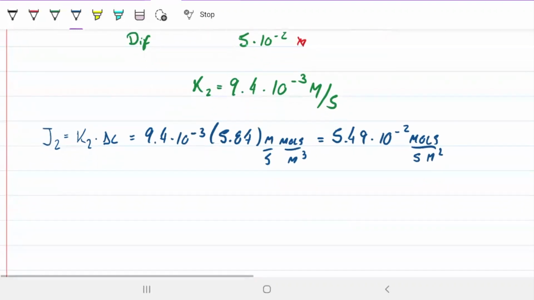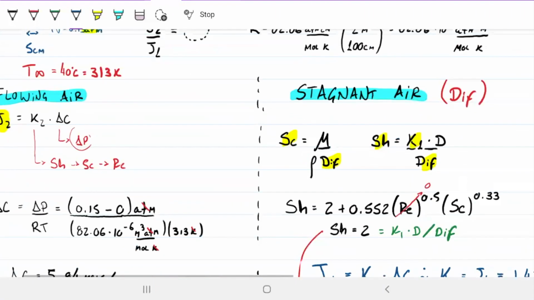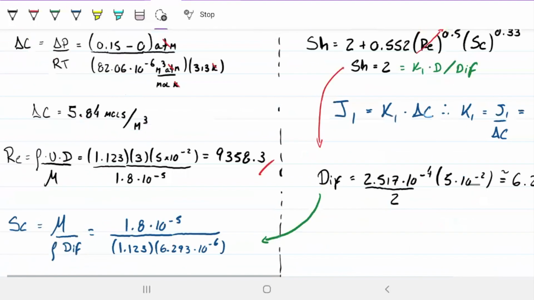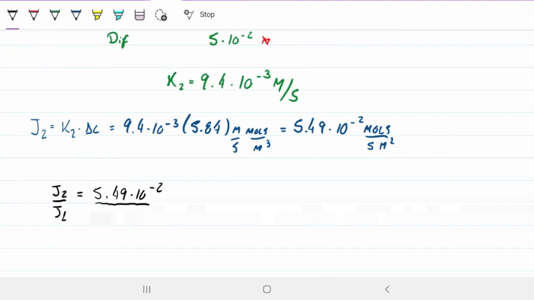And I can finish it off because remember the question itself, how much more efficient, right? That's what we were trying to find out. How much more efficient was this guy in relationship to the stagnant one? And to do that, we can do 5.49 times 10 to the minus 2. You can have a little peek to see if it's indeed more efficient. This is 1.47 times 10 to the minus 3.